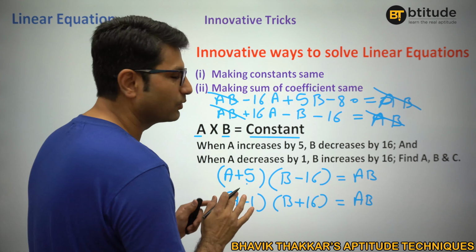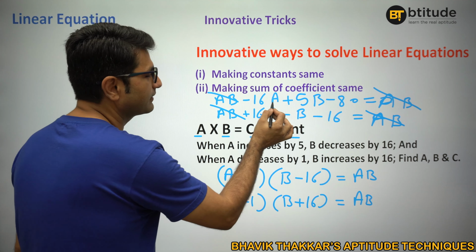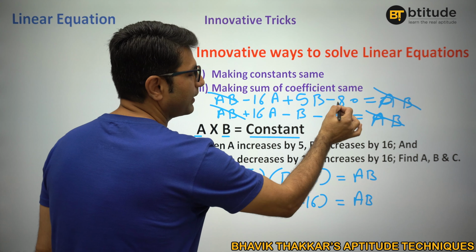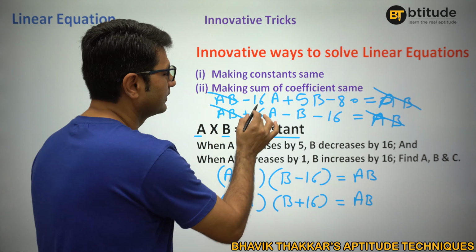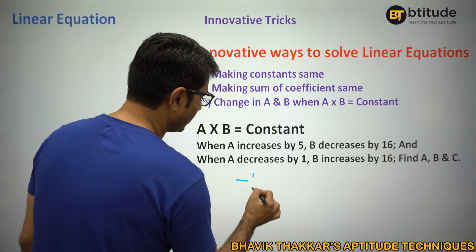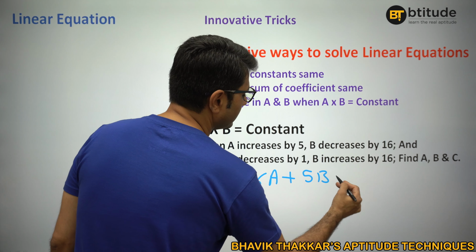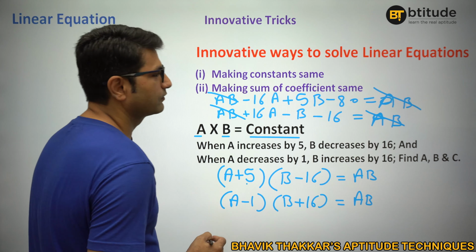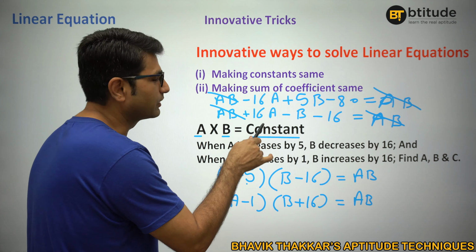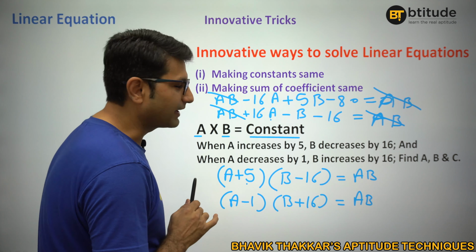Fine. Now, what is the next equation you will get? Try to understand this. Minus 16A plus 5B is equal to minus 80, which will go to that side. Minus 16A plus 5B is equal to 80. Fine. And try to understand, 16A minus B is equal to 16, right?